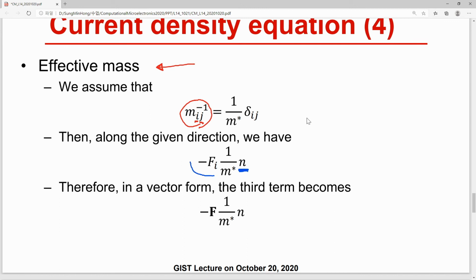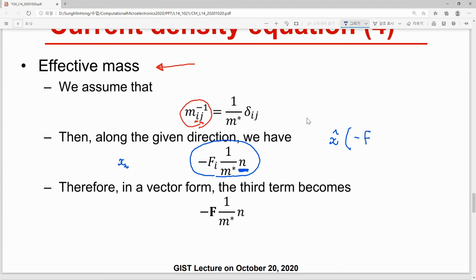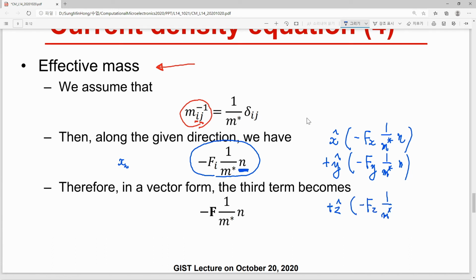So this is the component for your x_i direction. For example, if we are talking about the x direction, the x component now becomes minus f_x times 1 over m star times n, and the y directional component becomes minus f_y times 1 over m star times n. Finally we have the z direction, f_z times 1 over m star times n.